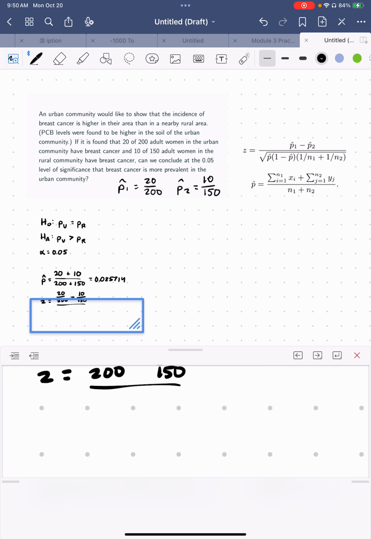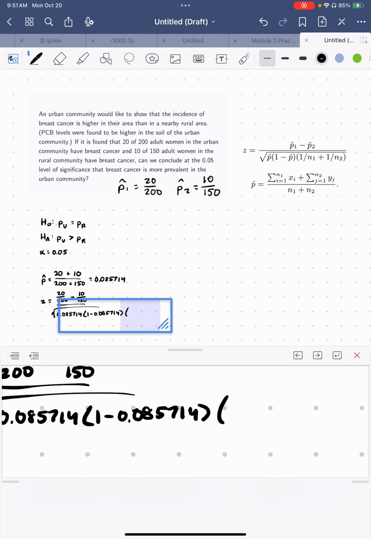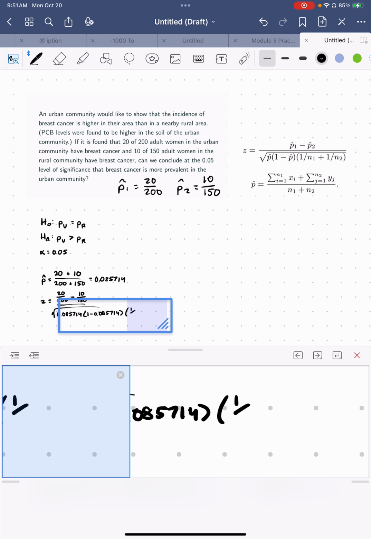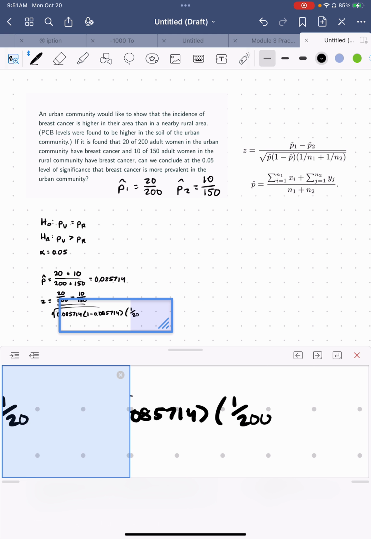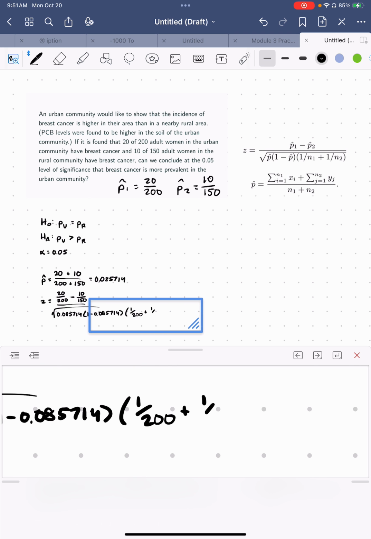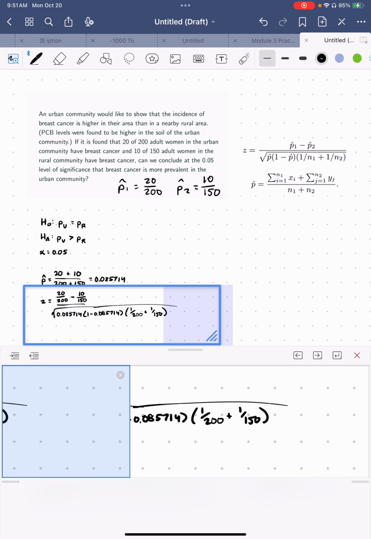divided by the square root of our p-value, which is 0.085714, and we have 1 minus 0.085714, and then times 1 divided by our first sample size, so that's 200, plus 1 divided by 150, which is our second sample size, and all of this is in the square root.